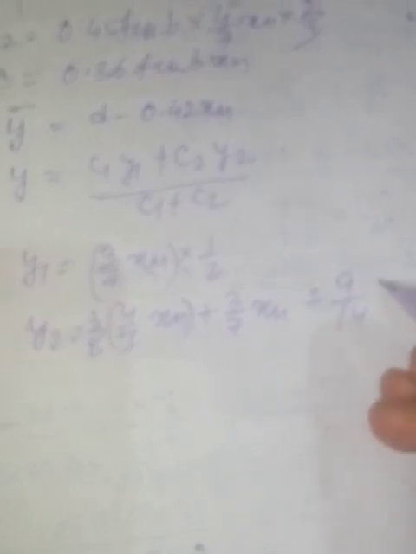This is nothing but 9/14 of Xu, and this is 3/14 of Xu. If I put all these values Y1, Y2, C1, C2 here, I will get 0.42 Xu.